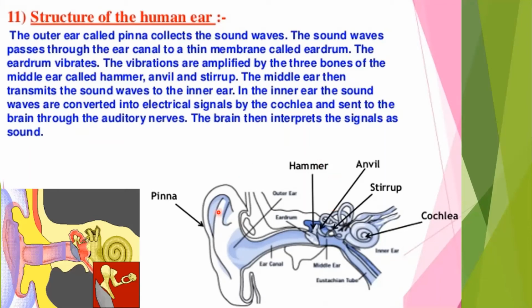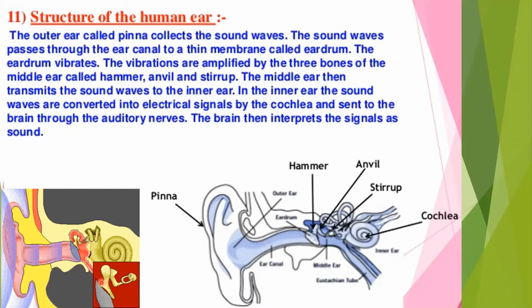So here what happens is this is the pinna, which is the outer ear. What is its function? Its function is that it collects the sound waves. Then next is the middle ear, which has the hammer, anvil, and stirrup, which amplify the vibrations.